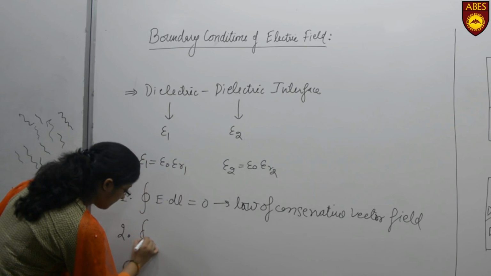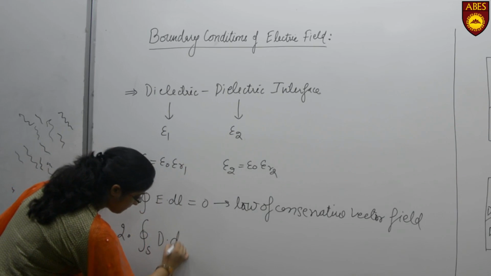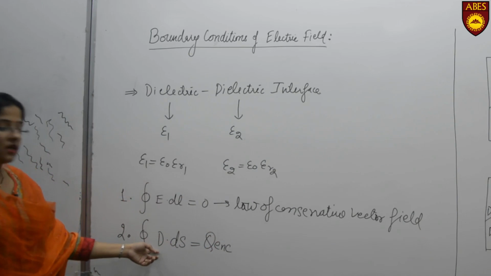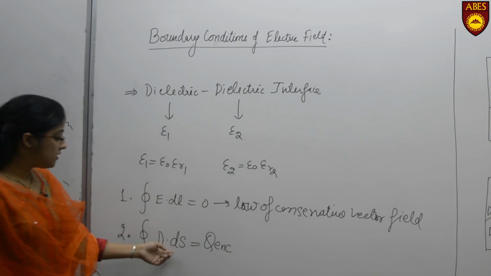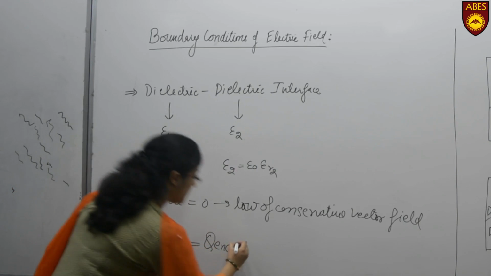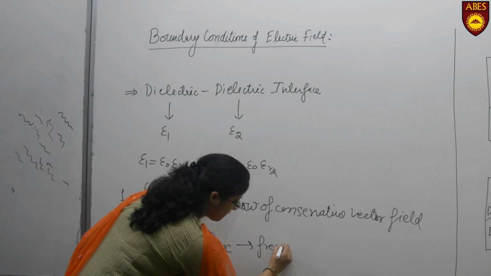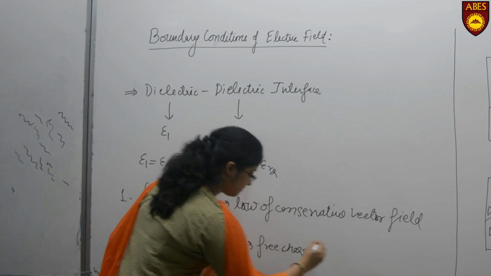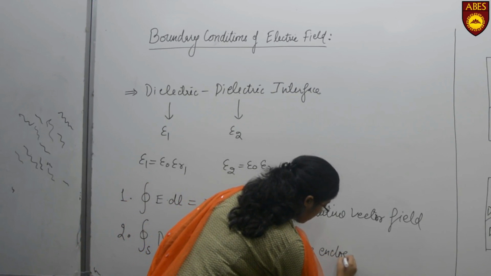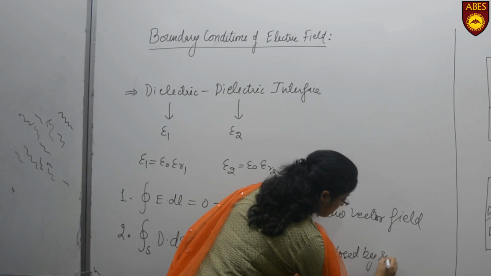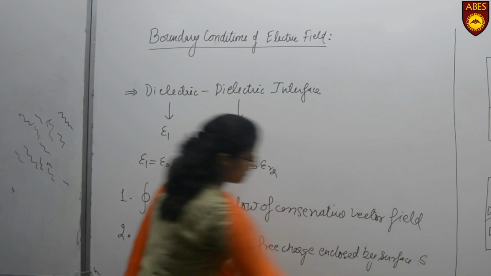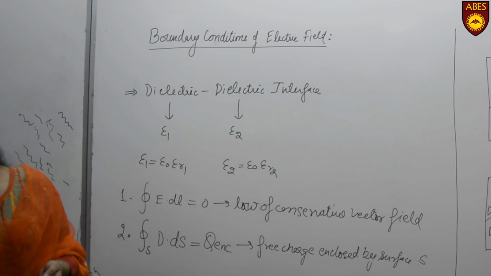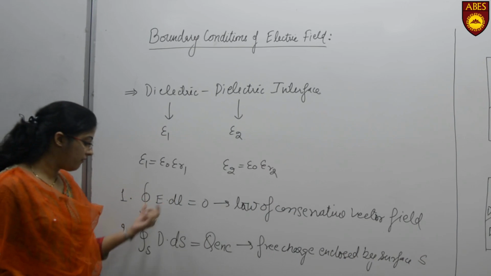The second one is the surface integral of the electric flux density, which equals Q enclosed, where Q enclosed is the free charge enclosed by the surface S.